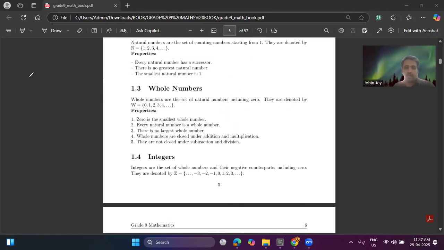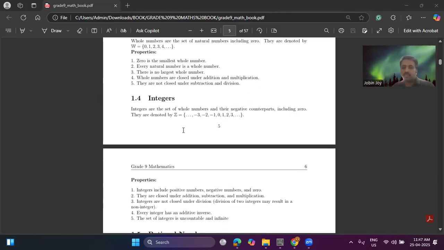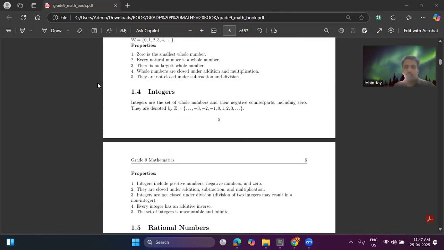Coming to the next one, integers. What are integers? I will represent this with the letter Z. Integers are a set of whole numbers and their negative counterparts, including 0. For example, I'm writing -3, -2, -1.